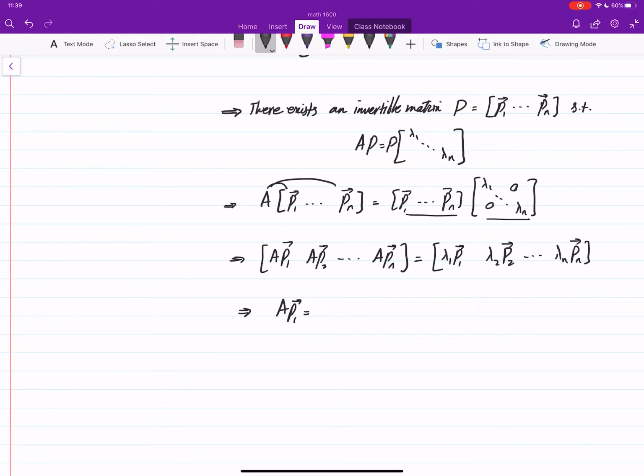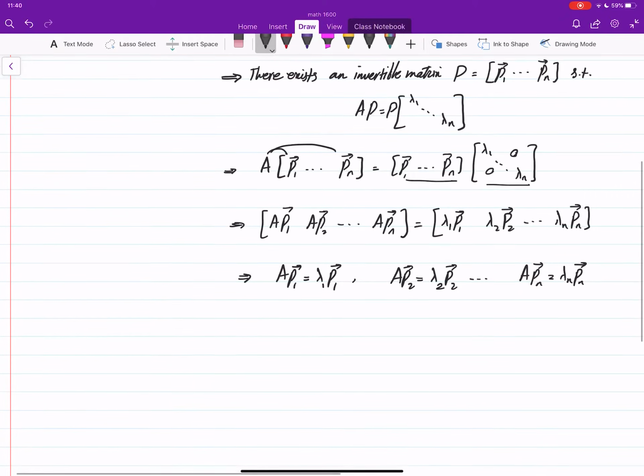So AP1 needs to be equal to lambda 1 P1, AP2 is equal to lambda 2 P2, and APn is equal to lambda n Pn. What does this mean?